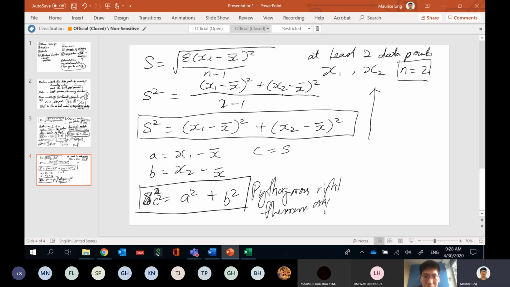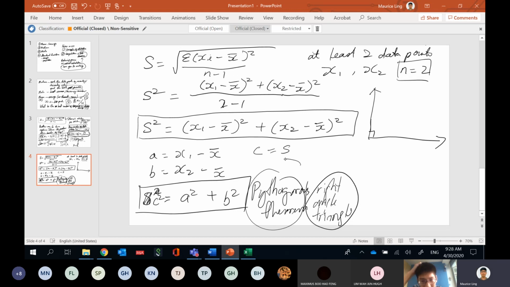Right angle triangle. Okay. How many of you by now still did not realize that when you draw your graph, it's always a right angle triangle? It is because we force Pythagoras theorem into your standard deviation.